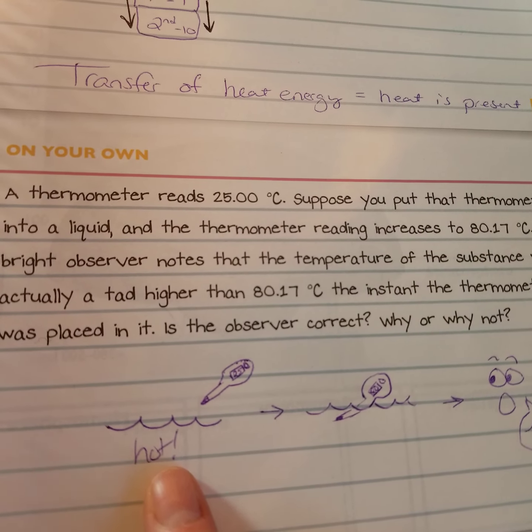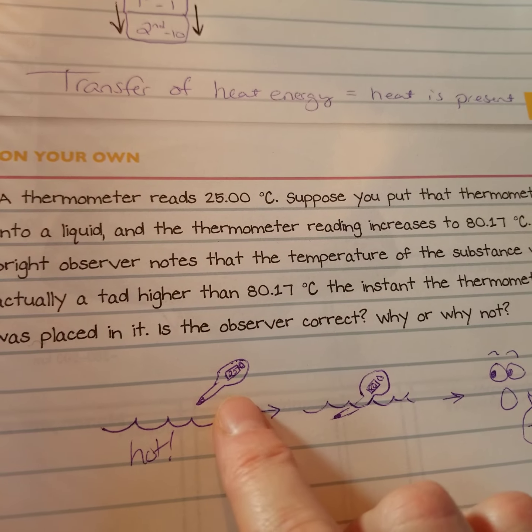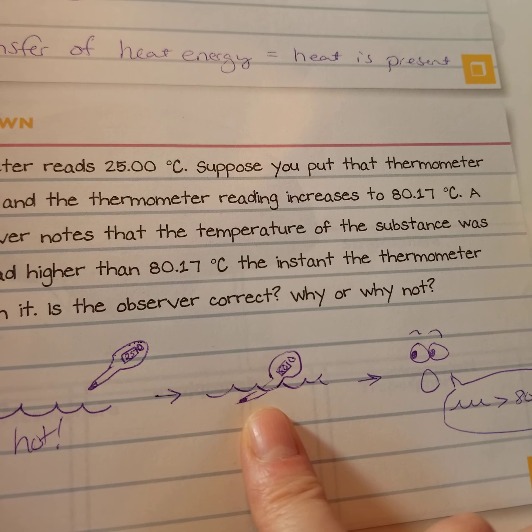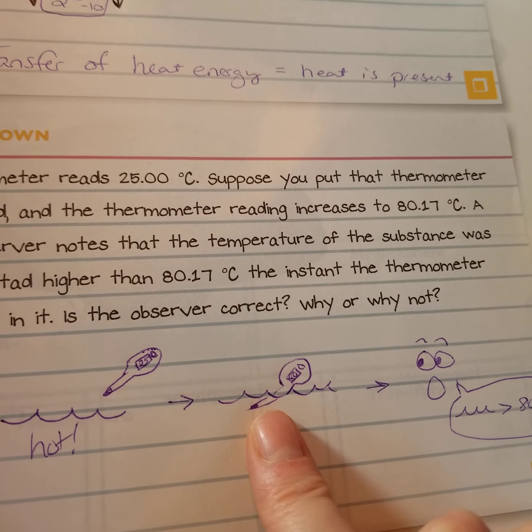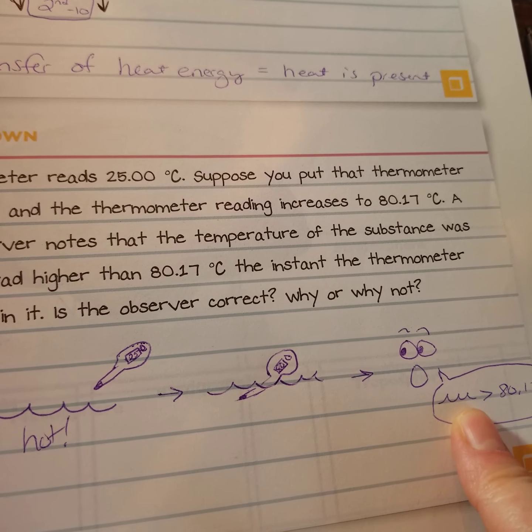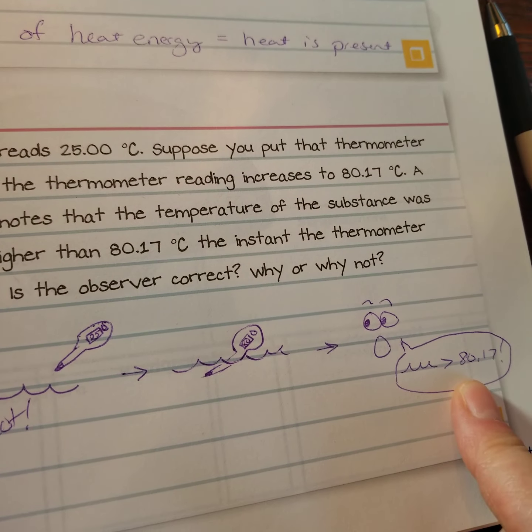They're saying this is super hot, and this is 25 degrees. They put it in the water, and it's suddenly 80 something degrees. And they say, wait, that water was actually a little bit higher than 80.